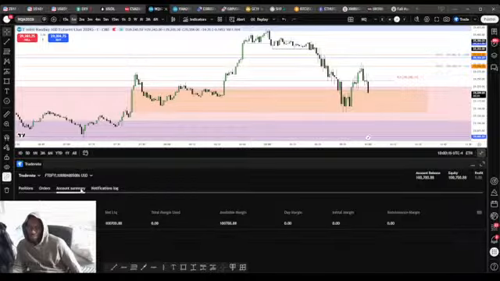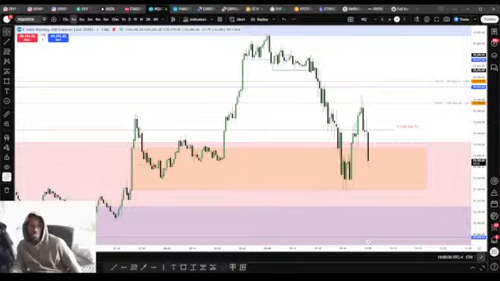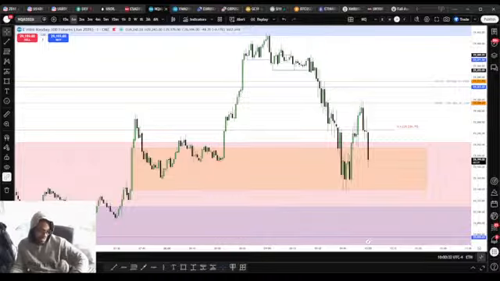$496 total profit for the day. And remember, I came back from a $800 drawdown, bro. $800 drawdown. Holy shit. That's nuts. Let me just double check.